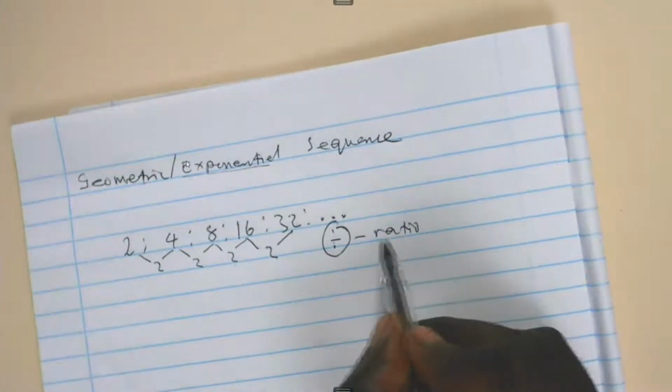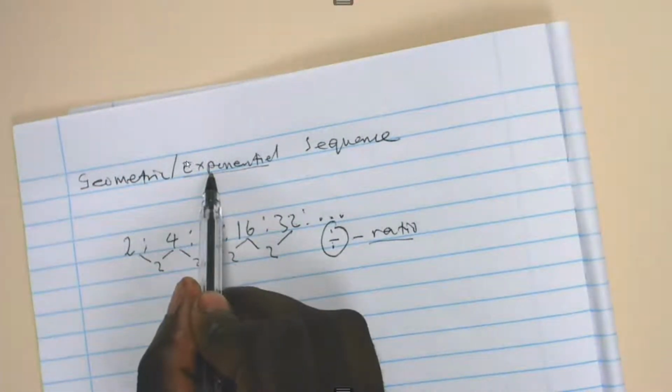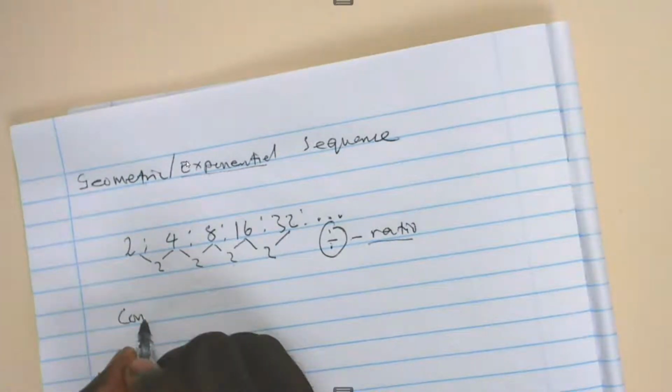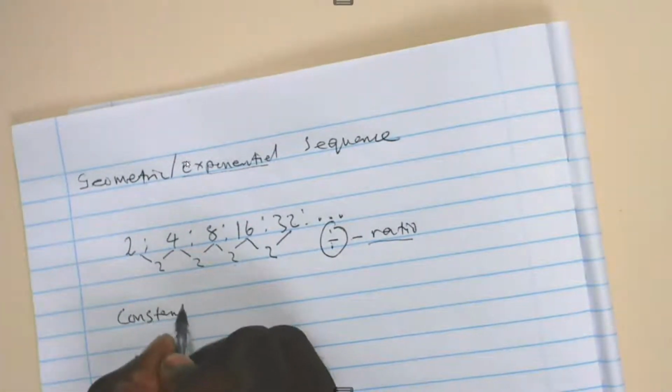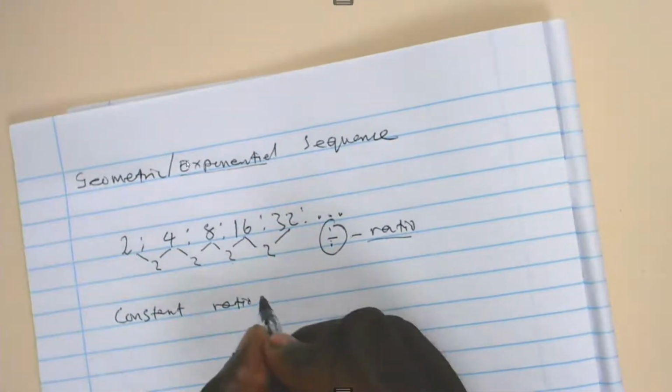From the earlier grades, you know that division is a ratio, and we are talking about the ratio in this case. Therefore our exponential or geometric sequence has a constant ratio that would be noted as a variable r.